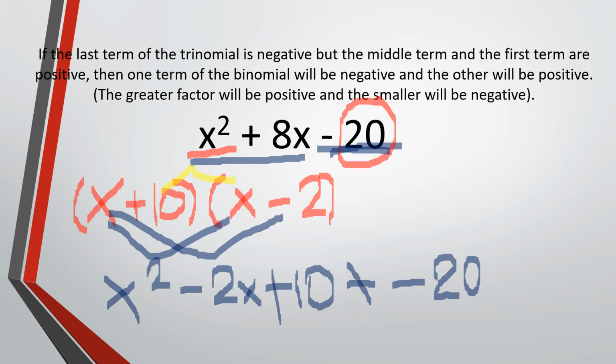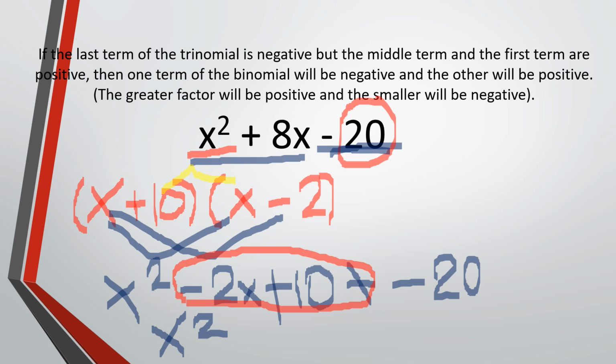Now, bring down the first term. We have here x squared. Now, combine the middle term. As you can see, we have here negative 2x plus 10x. So they have different signs. If they have different signs, that means we have to subtract them. We subtract 2 from 10, and the answer is 8.